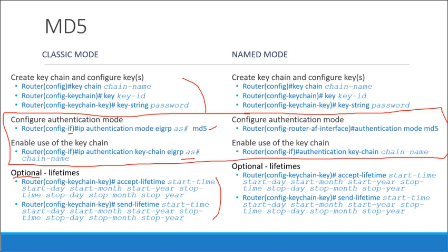Whereas with Named Mode, it's configured within the EIGRP process inside the address family interface submode. So in this case, we're looking at the address interface. We're still dealing with an interface connection, and we'll go through that. The difference is Classic Mode is configured on the interface itself, the interface configuration. Named Mode is in the address family interface configuration under the EIGRP process.